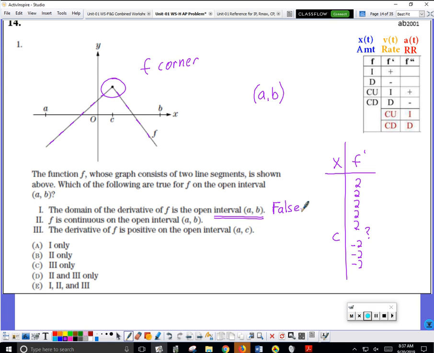Okay, questions, please. I don't understand what the open interval is. No worries. So when you have a graph, the intervals of the graph are simply different sections of the graph. So like they're saying, start at some x, go to some other x. So open interval a to b is saying, start at an x coordinate that is slightly to the right of a, infinitesimally to the right of a.